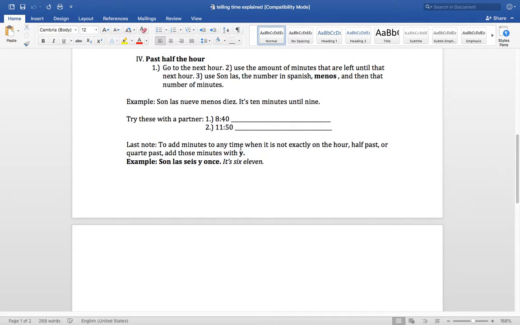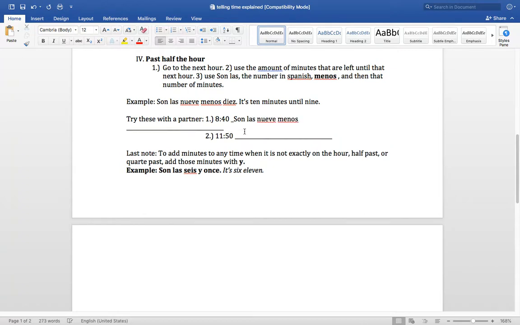So when you see them digitally, por ejemplo, it is a little more difficult because you do have to go to the next hour in your mind and subtract however many minutes are left. So it would be son las 9 menos, remembering that word menos, which means until, 20.